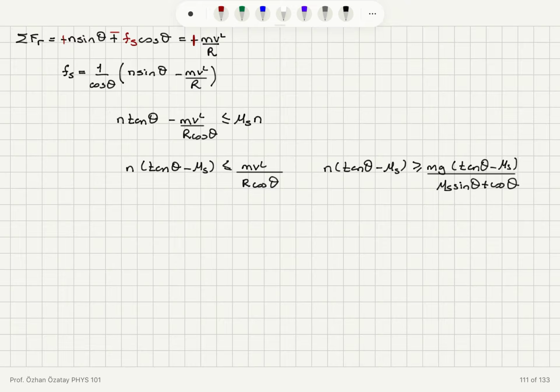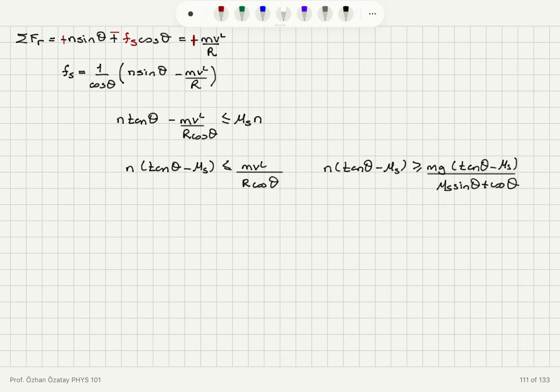So as you can see, I have two inequalities. One says n times tangent theta minus mu s should be less or equal to mv square over r cosine theta. The other inequality says it should be greater or equal to mg tangent theta minus mu s divided by mu s sine theta plus cosine theta.